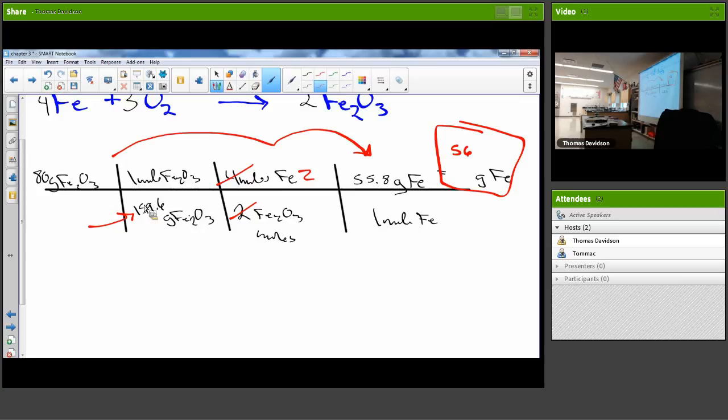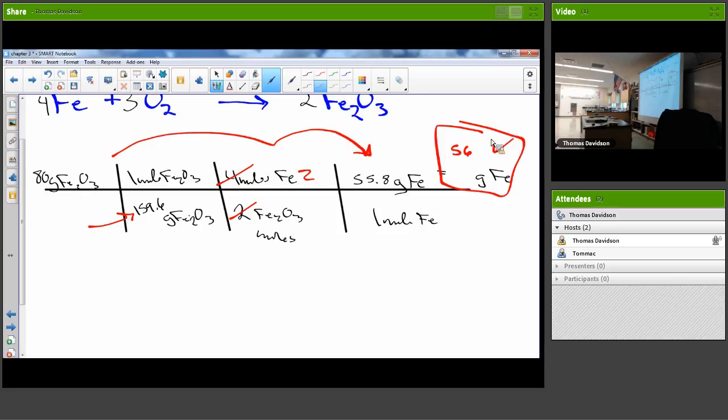Sometimes you can use your brain: 80 times 2 is about 160, right? 160 divided by about 160 is 1. So your answer should be close to 55.8, reasonably, right? And it was. So, hey, check mark.